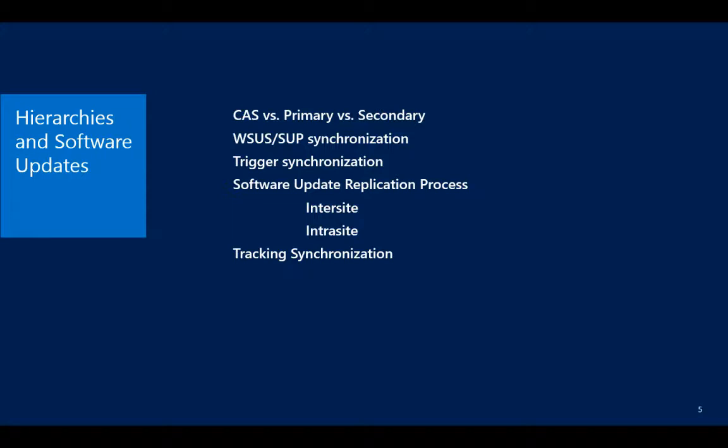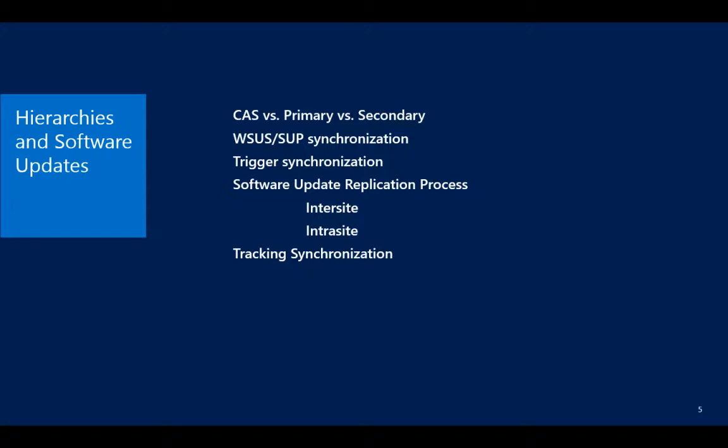So factor that in as well. But again, secondary sites, while they can offer services to clients that are within their boundaries, cannot be the recipient of clients being assigned directly to them. The assignment is always at the primary site. That's just rehashing some of the basics, but it's important to understand how all of this fits together.